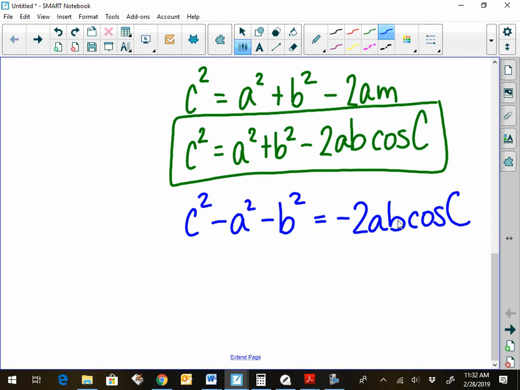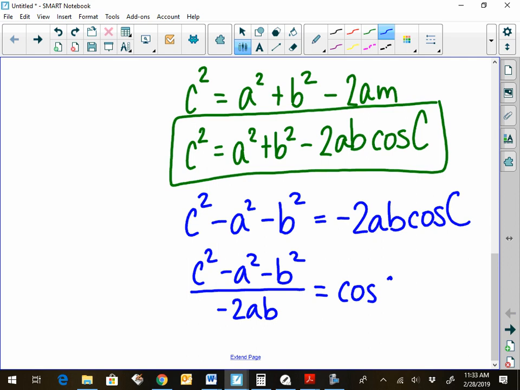So I can divide both sides by negative 2AB. So I can have C squared minus A squared minus B squared divided by negative 2AB equals cosine of C. Now, that's one way to write it.